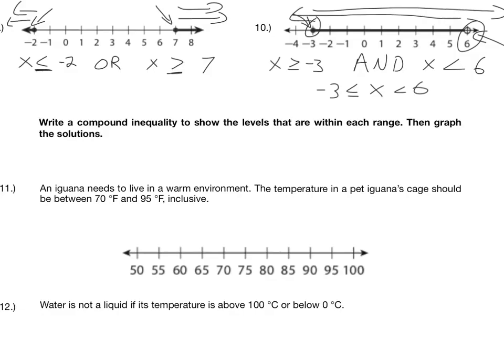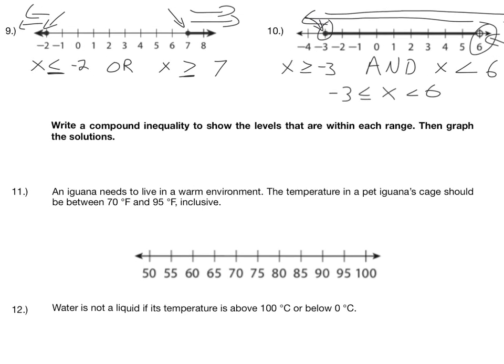An iguana needs to live in a warm environment. The temperature in the pet iguana's cage should be between 70 degrees and 95 degrees inclusive. So right off the bat, I can tell that this is going to be an "and" compound inequality because I only care about the temperatures in that range, between 70 and 95, right?